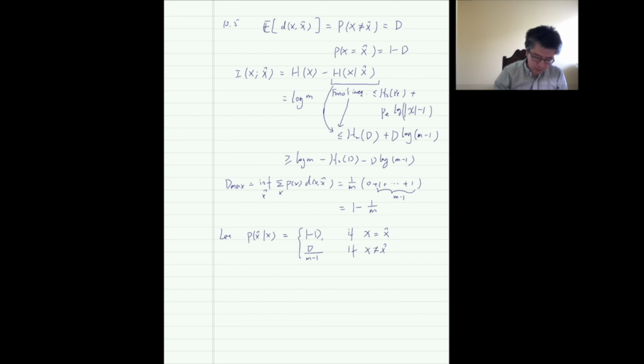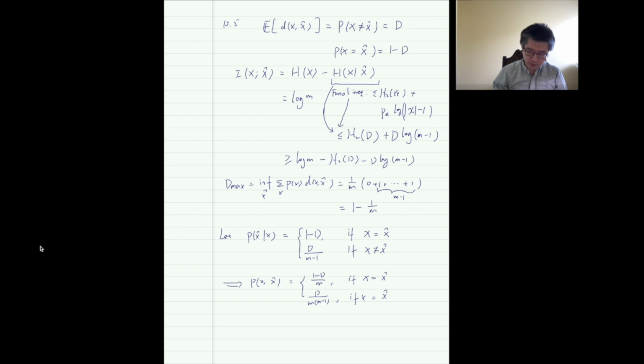Given that, we can obtain the joint distribution of x and x hat, which equals (1 minus D) over M if x and x hat are equal. Otherwise, it equals D over (M(M minus 1)), because we just need to multiply by 1 over M, right?